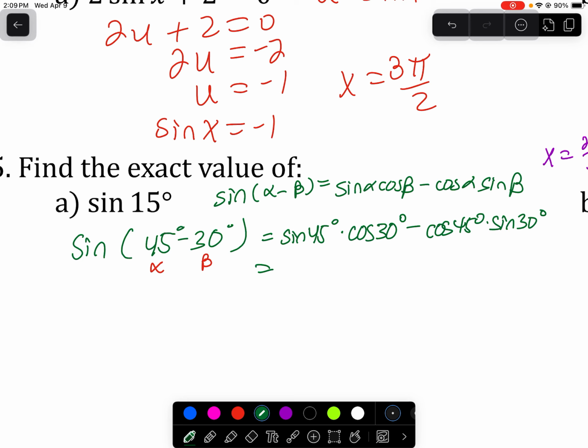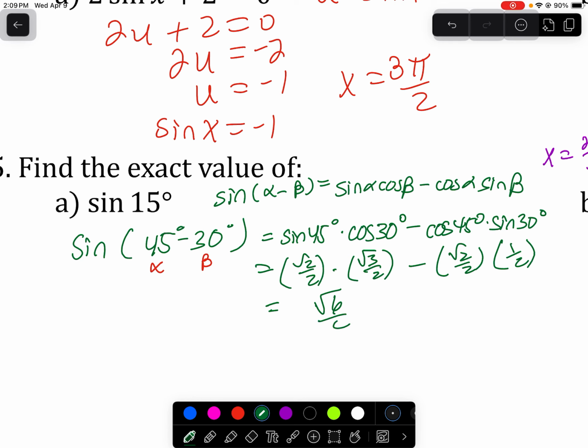45 is square root of 2 over 2, square root of 2 over 2. Let's put that here and here. That's an easy one. I always like when the 45s can be used. 30, the cosine of 30 is that larger value, square root of 3 over 2, where the sine is 1/2. Now what? Well, multiply the tops with the tops and the bottoms with the bottoms.